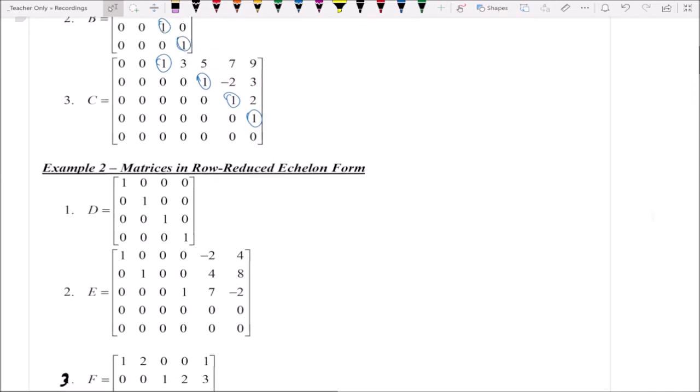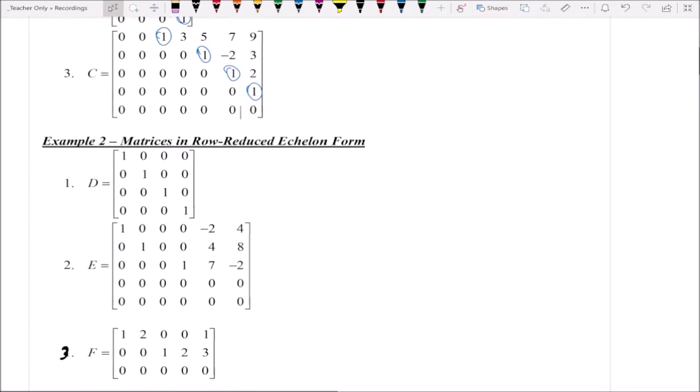Again, look at D. D is actually the exact same as B, so there's no need to go over that one again, except to say that not only are the entries below the leading one 0, but so are all the entries above it. Look at E. Again, let's circle the first non-zero entry of each row. They are all 1s. We have 2 zero rows. They appear at the bottom. The leading ones are to the right and below the preceding leading one.